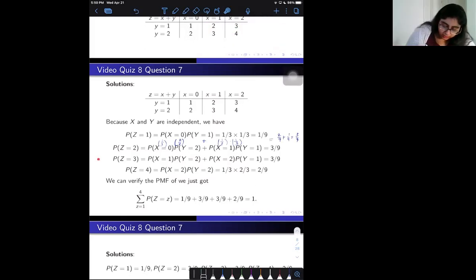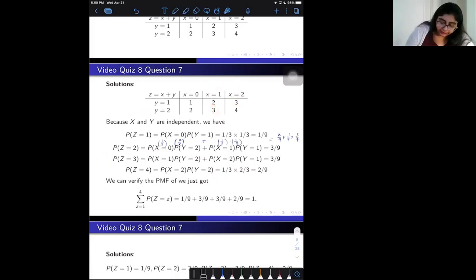Okay. So now let's find the Z equal to 3. So now Z is 3 at these 2 places. So one is when X equals 2 and Y equals 1. And the other is when X is 1 and Y is 2.